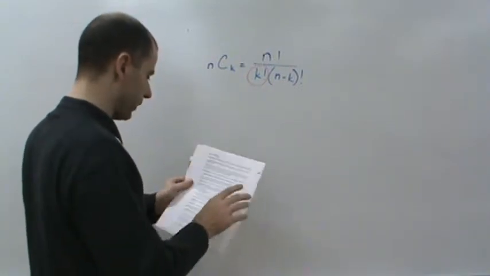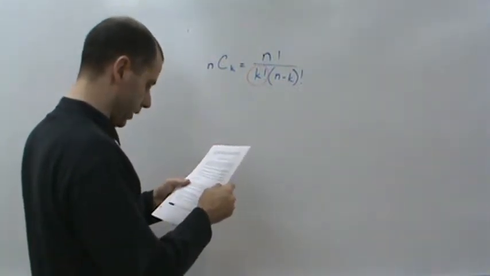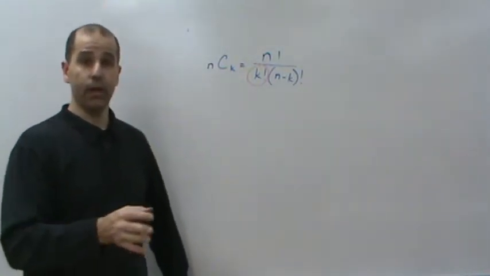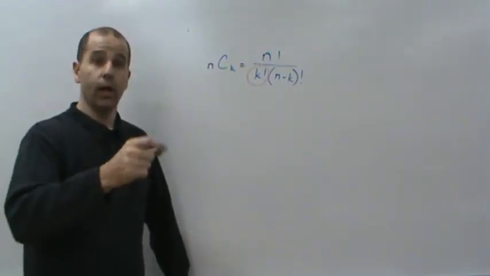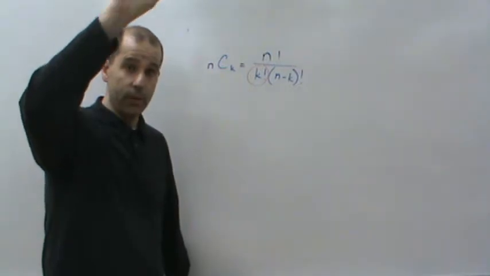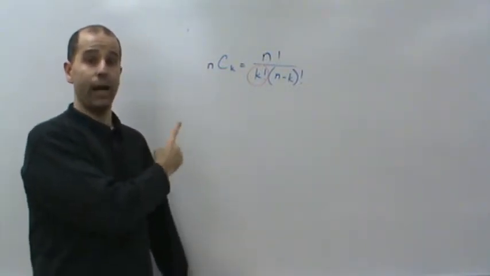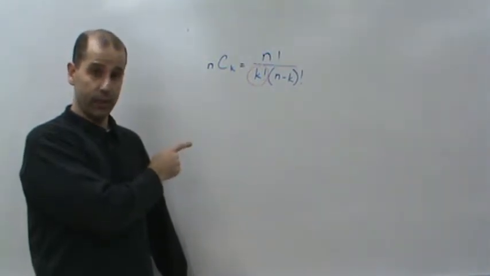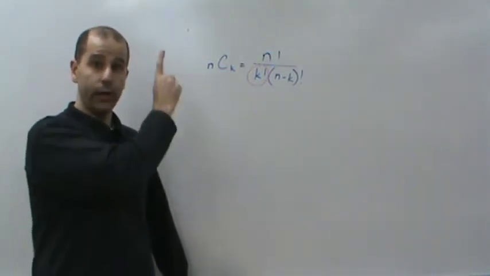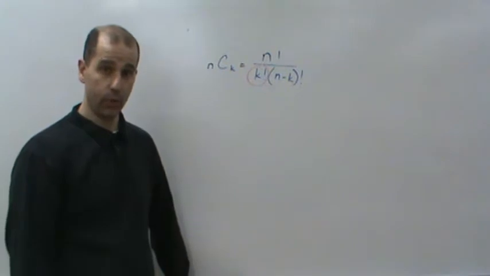That's the formula. Everything else is the same: the fundamental counting principle, finding the number that goes on top and the number that goes on the bottom when you're dealing with probability. It's just that now we use a different formula for figuring out what number goes on top versus what number goes on the bottom.